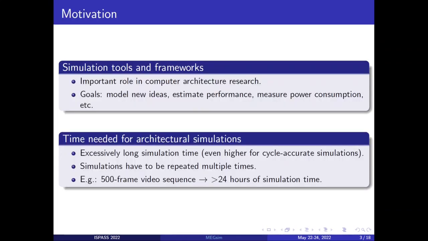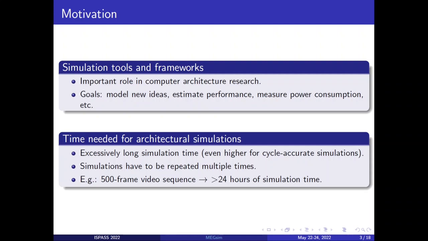Well, as we all know, simulation tools and frameworks play an important role in computer architecture research. The main goals of simulation are to model new ideas, estimate performance, measure power consumption, etc. Of course, a key factor of architectural simulations is the long time it takes.